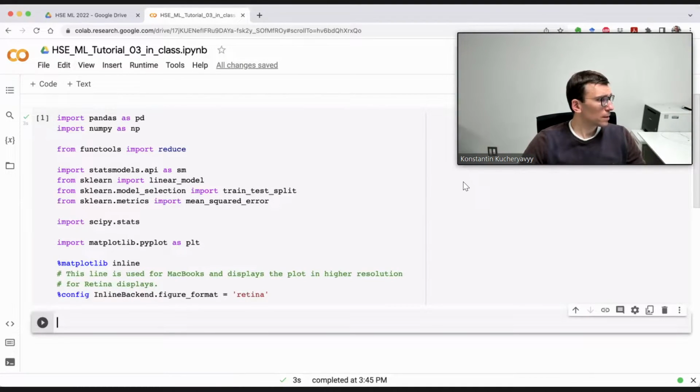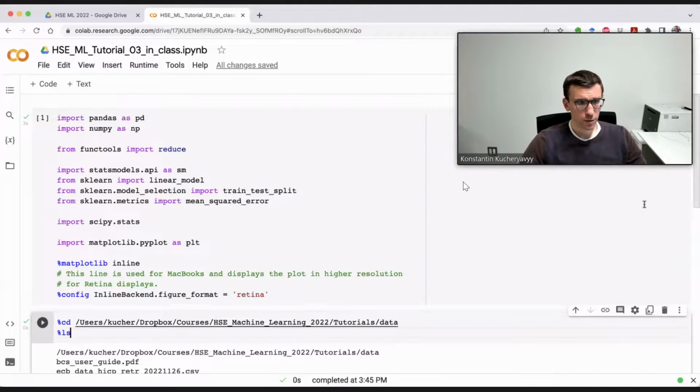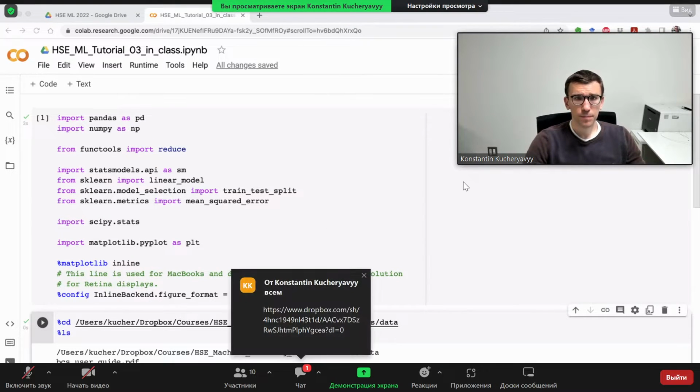Then I will go to the folder with my data. Here's the folder again. This is the same folder as before. So I will drop it into the chat again. Okay.